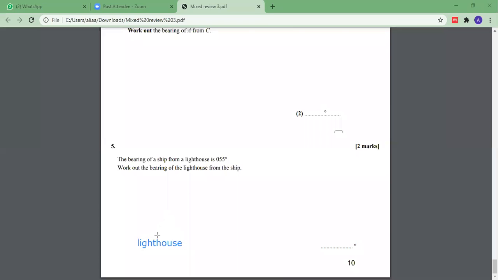So I'm going to draw north from the lighthouse, and then I'm going to draw the angle 55. So the angle here is 55. Okay, at this point he wants to know the bearing from the ship.